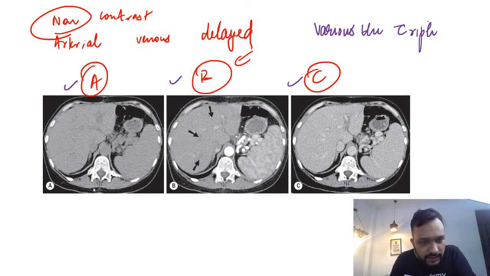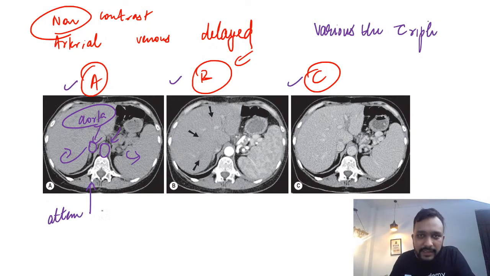So guys, in the first image you can see that if you look at the aorta and the IVC, both of these have similar attenuation, and their attenuation matches that of the liver and the spleen.